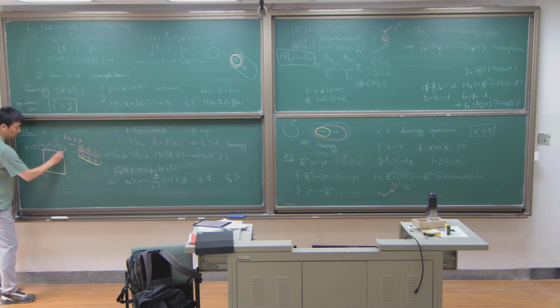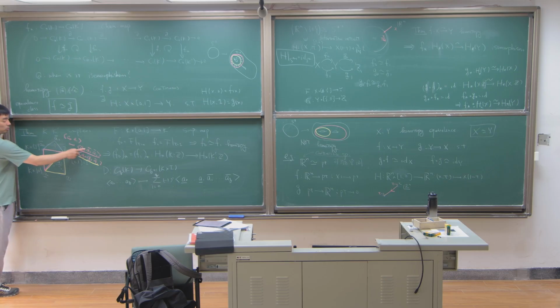So a one-simplex is mapped to a linear combination of two-simplices, like this.